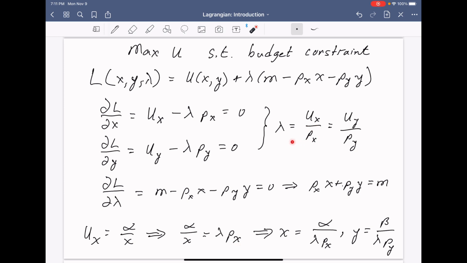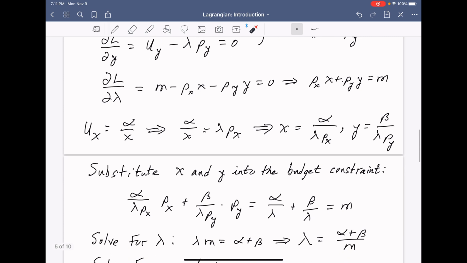We move this p of x over to that side. So the marginal utility of x is equal to lambda p of x, and we solve for x, and we get alpha over lambda times p of x. And the same thing, if we do that with y, then we get y equals beta over lambda times the price of y.